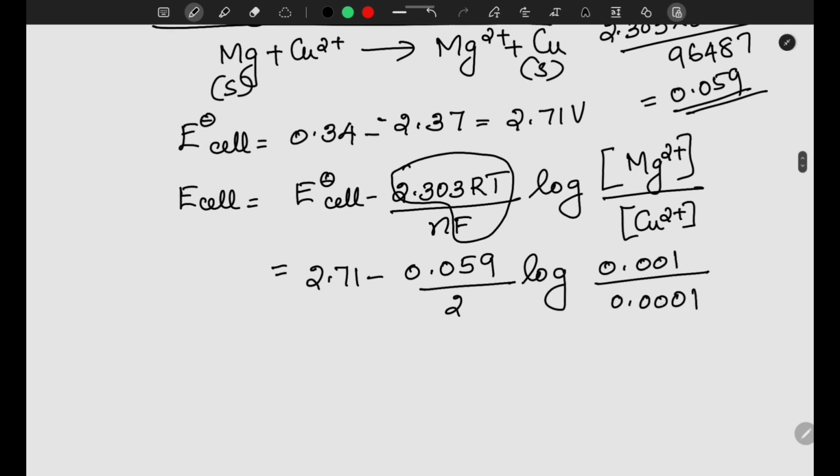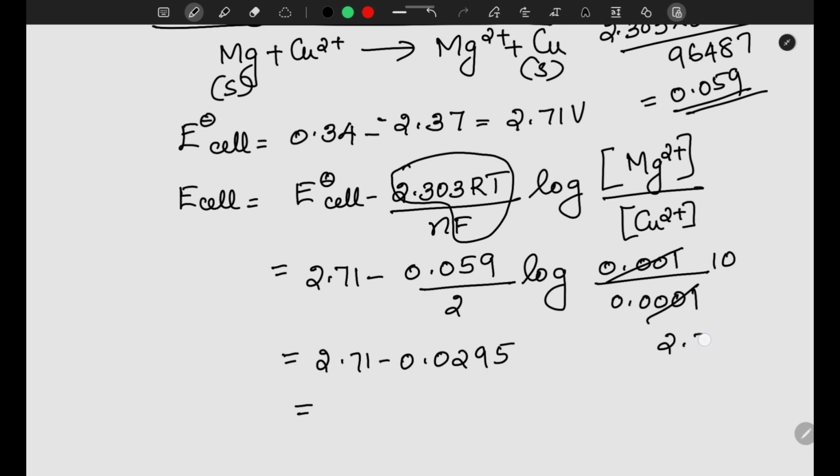So when we simplify, we will get it as 10 times. Then 2.71 minus 0.059 by 2 means 0.0295. Log 10 is 1.